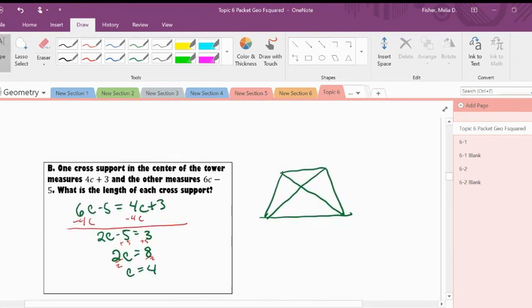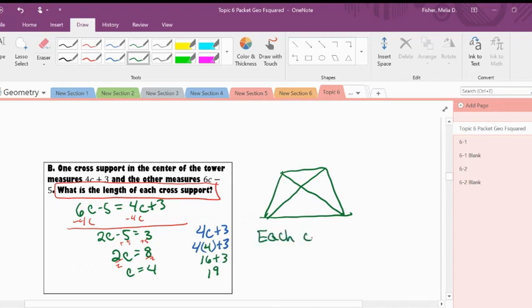So we know that C equals 4, and so we need to go back to what was the question? What is the length of each cross support? So we actually need to take 4C plus 3, and we're going to plug in that C is 4, and that makes 16 plus 3, which is 19.